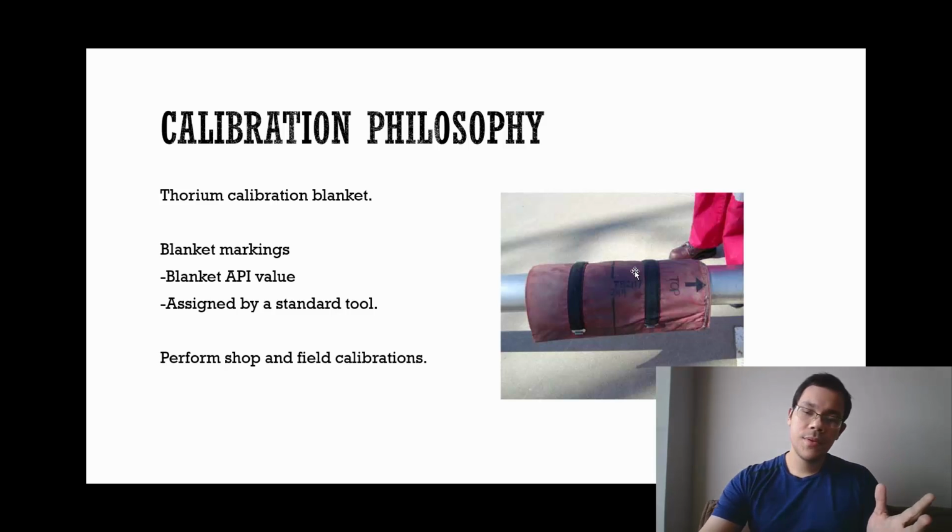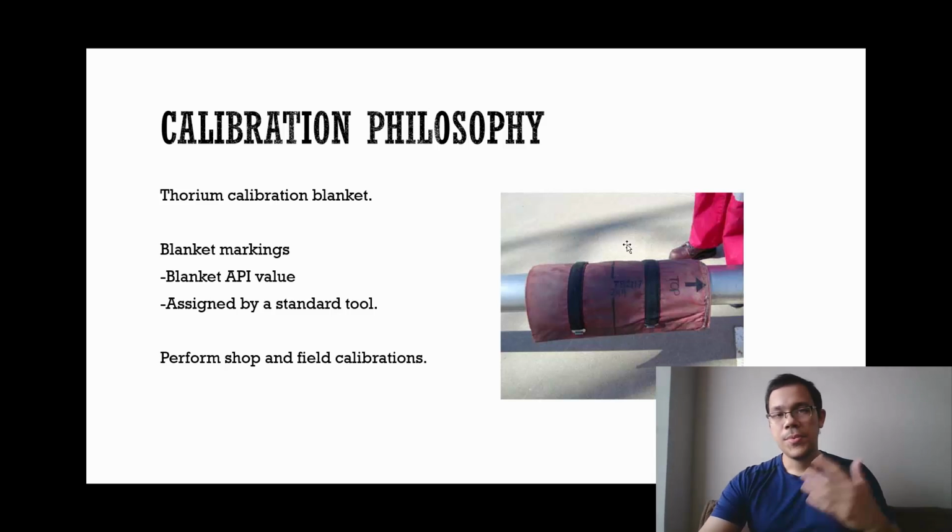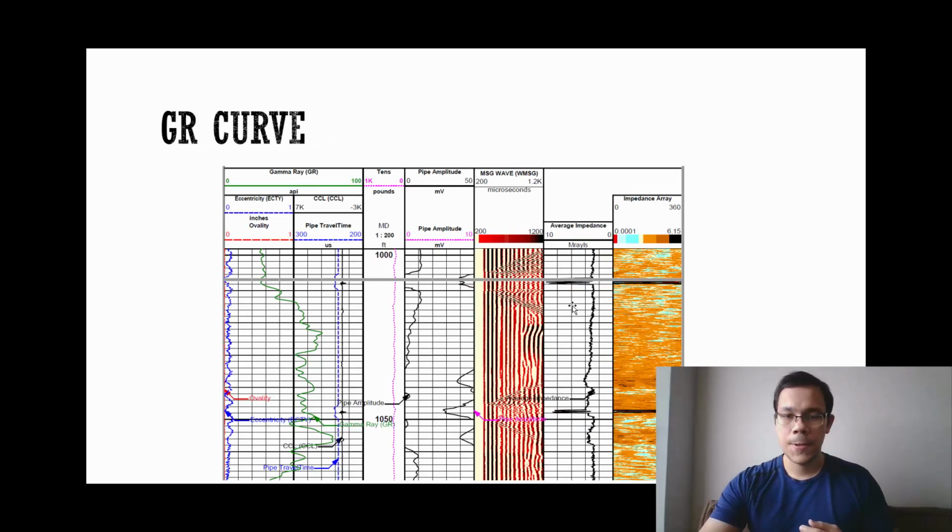We'll remove the calibrator and we will be reading the background, the natural radiation in the area. And this is how the calibration is performed. It's very simple. You should see it in the field, because a field verification and a shop verification should be done. And that's the calibrator.